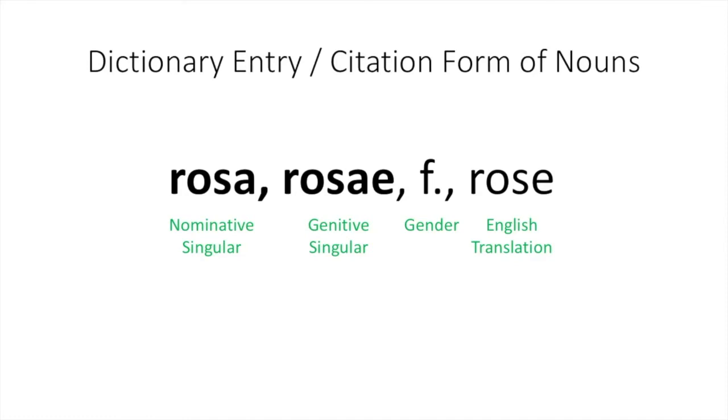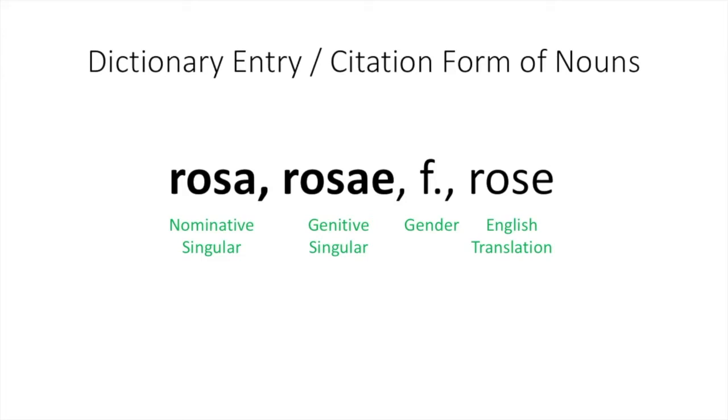The Latin dictionary entry for a noun looks something like this, and this will be true for all nouns in all declensions. In fact, it's how you know that a noun is a noun, because it follows this pattern in dictionaries or vocabulary lists. The first form is the nominative singular form. In this example, rosa. The second form is the genitive singular form.